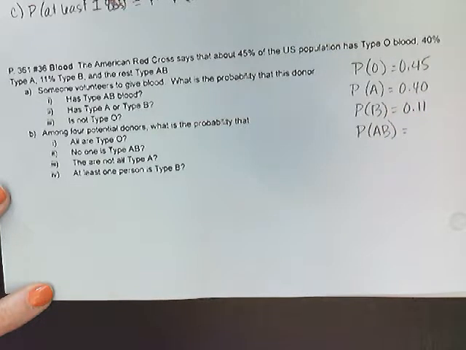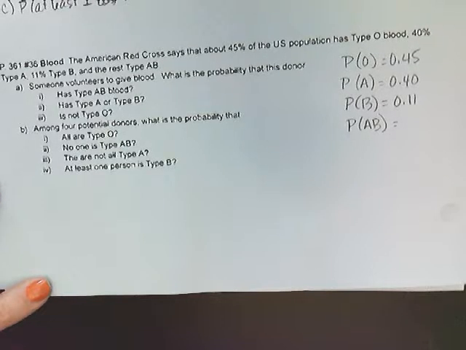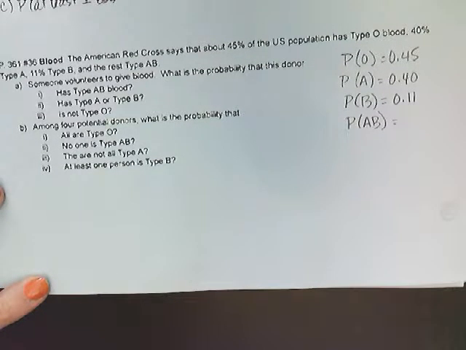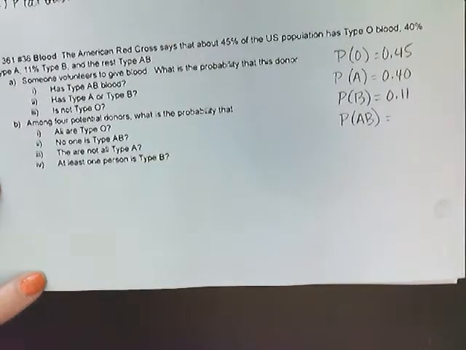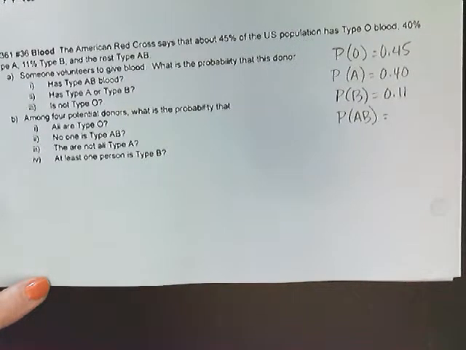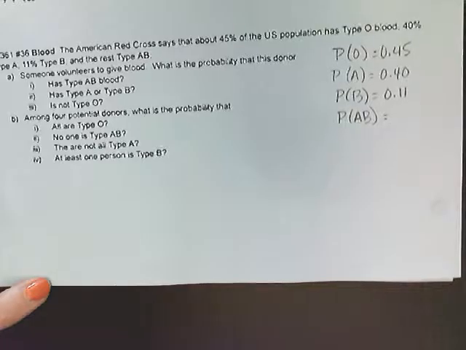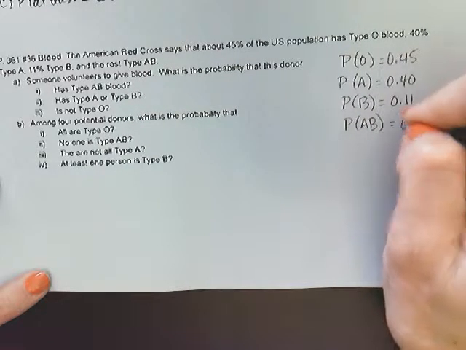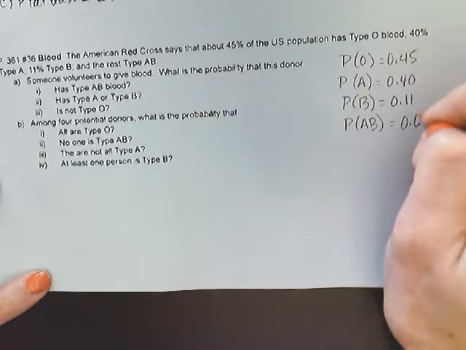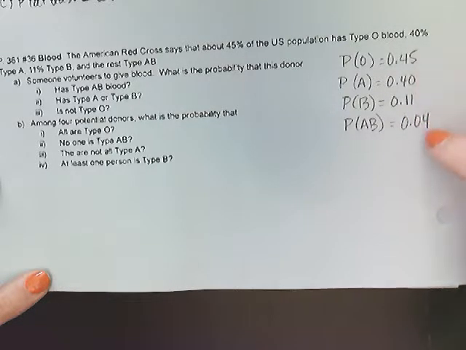So it's the rest. So how do I figure it out? Add it up and then subtract it from 1. So what is it? 0.04. So this adds up to 96 and then it's 0.04. Okay, so here are all our probabilities.